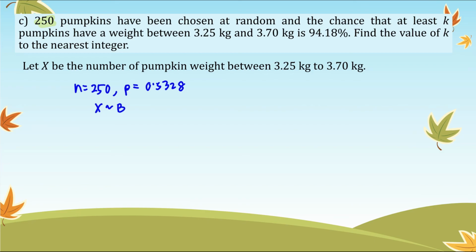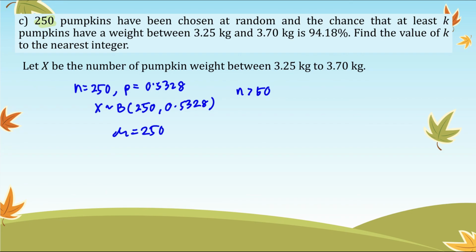We use binomial distribution because the parameter given is N and P. But the value of N is extremely large. N is greater than 50. So we need to approximate by using normal distribution. So to use normal distribution, we need to find mean and variance.